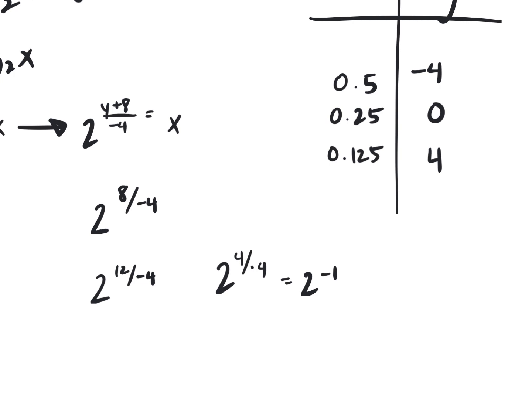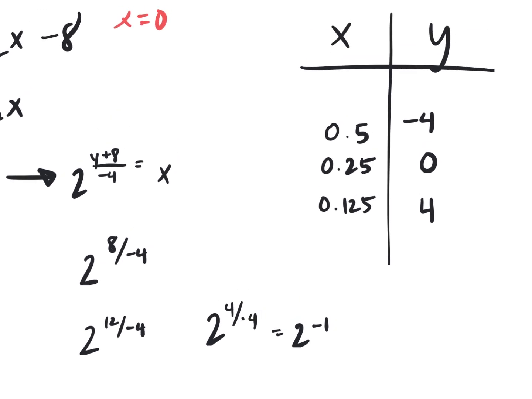So we see a pattern. We're getting bigger as we go more negative for my y's. That was kind of backwards there. But let's pick another negative number, a smaller negative number than -4, so we can get a bigger x value. Maybe like -12?